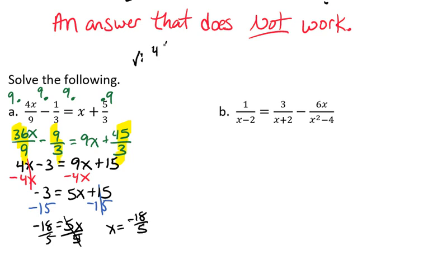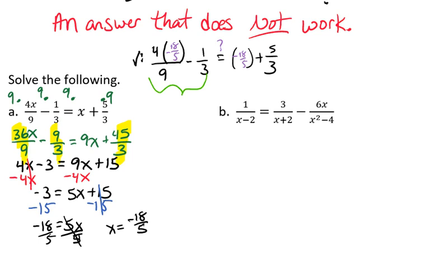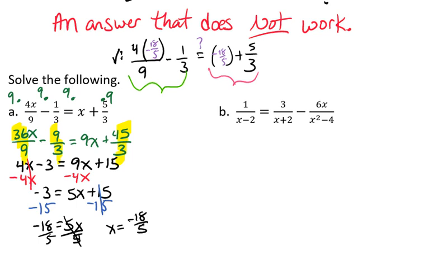So 4x over 9 minus 1/3 equals x plus 5/3. We're going to plug in this negative 18 over 5, and we want to know, do these two sides match? We're going to plug this side into the calculator, and this side into the calculator, and see what we get.